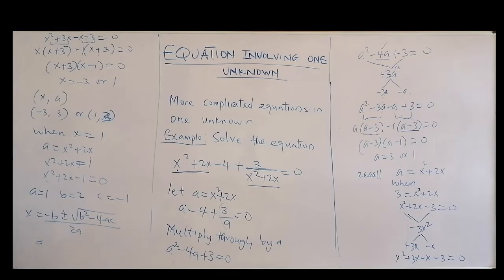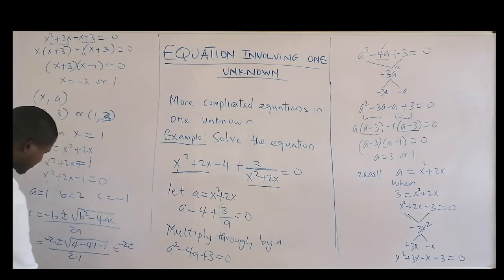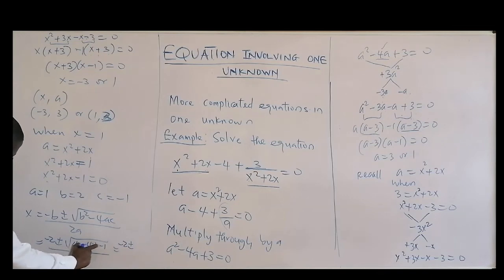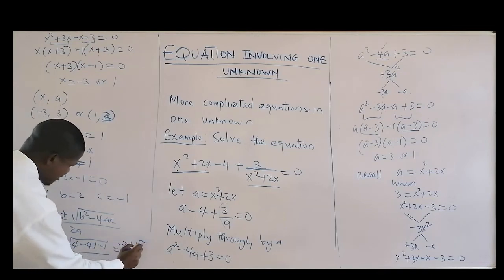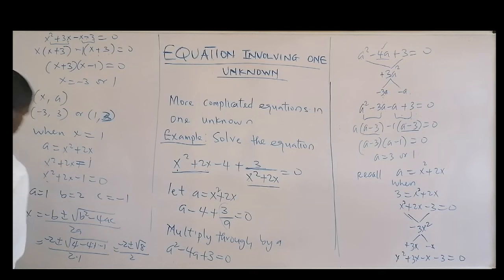Let's substitute that. b is what? Minus 2 plus or minus root of b squared. That's 4 minus 4 times a times 1. And c is what? Minus 1, all over 2 times 1. So that's equal to minus 2 plus or minus, minus times minus, that's plus, root 8 over 2.